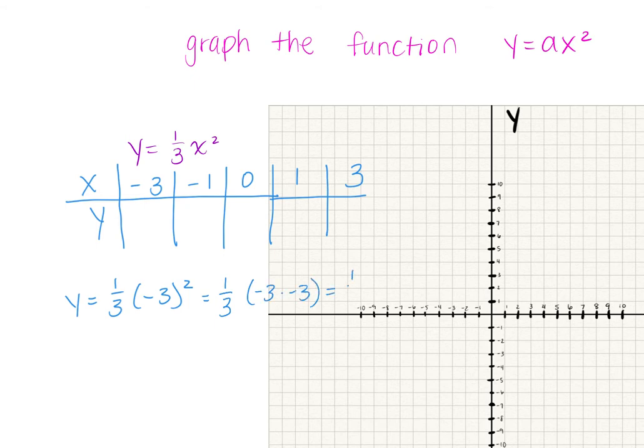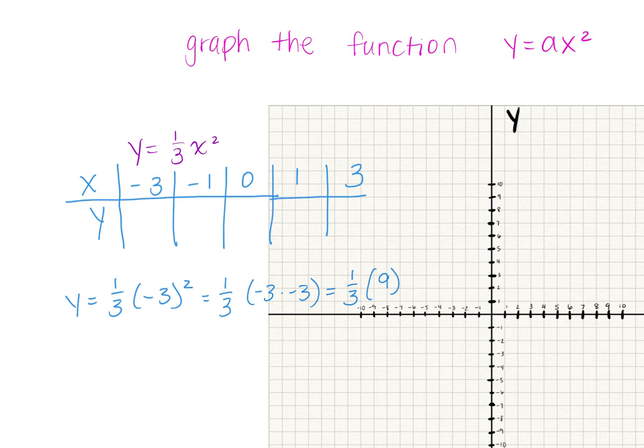So this is 1/3 times 9. And then Tessa said 9 divided by 3 is just 3. Or you can multiply it out and it would be 1/3 times 9/1, which would give us 9/3.